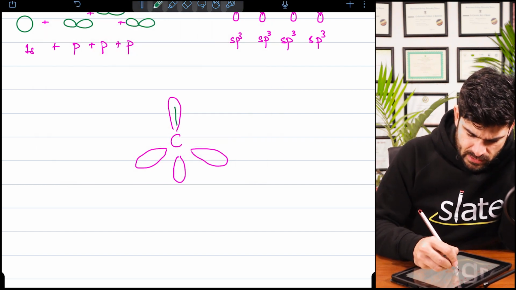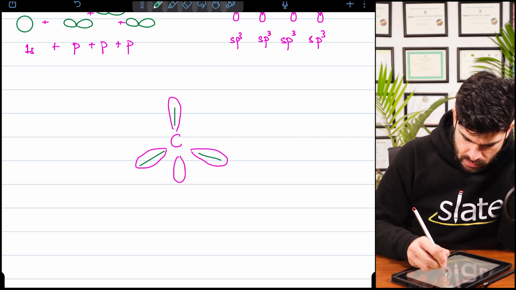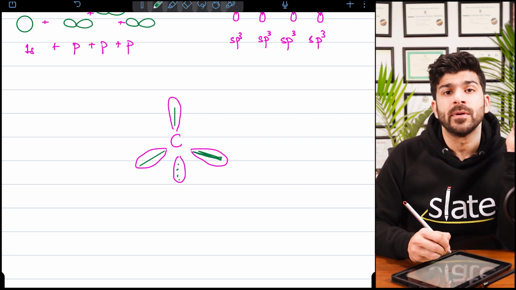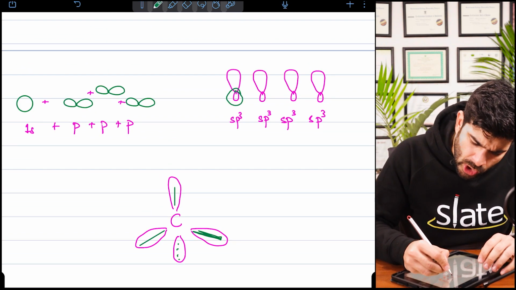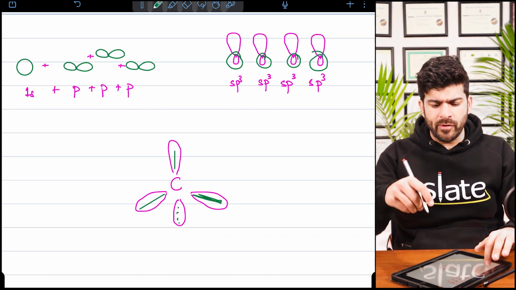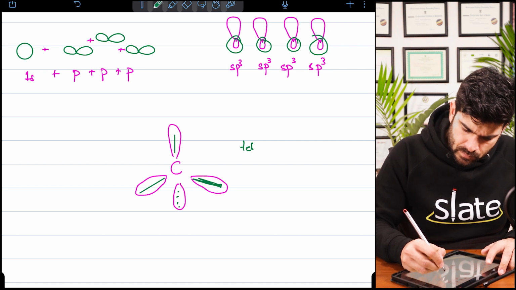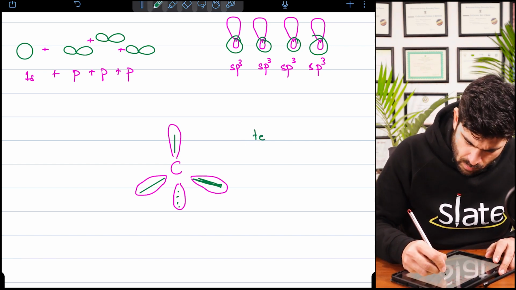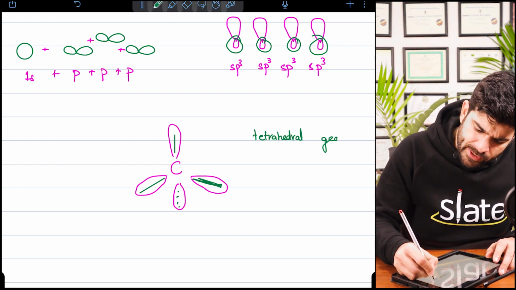This shape is a tetrahedral shape. And we ignore these smaller lobes because that is going to complicate the structure. So that is what we make, a tetrahedral geometry.